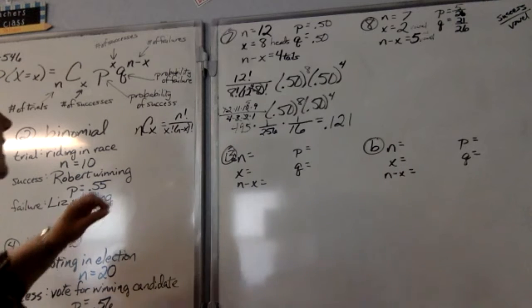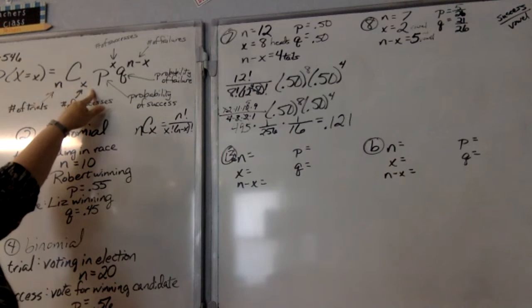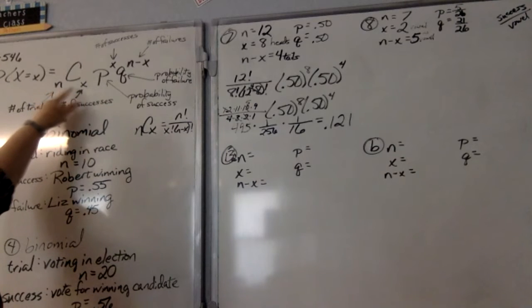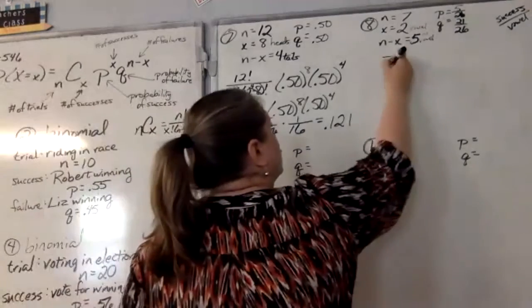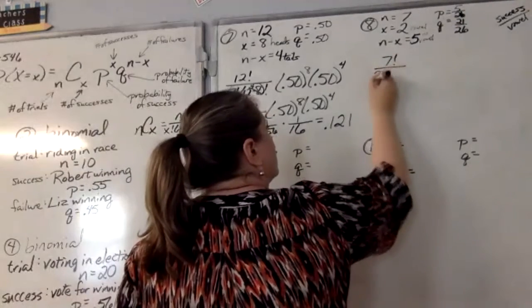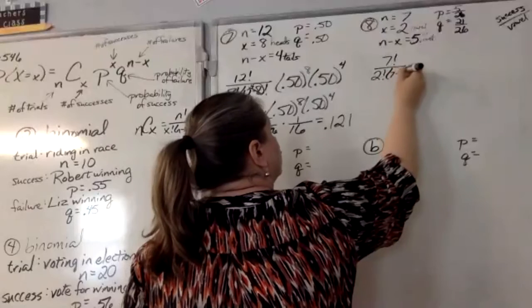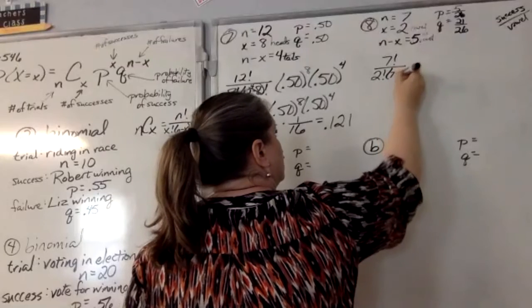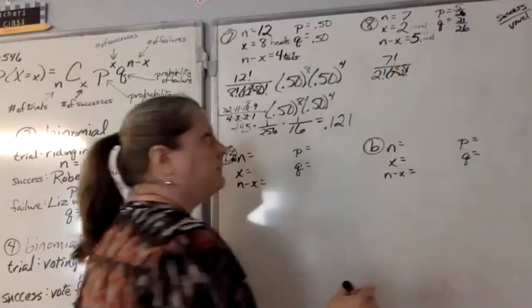Now, our formula says we do the combination first of 7, picking 2. We have 7 trials with 2 successes. So I have 7 factorial over 2 factorial, 7 minus 2 factorial, or just 5 factorial, right?